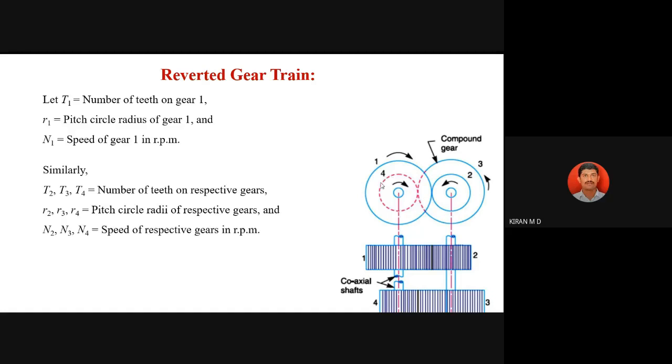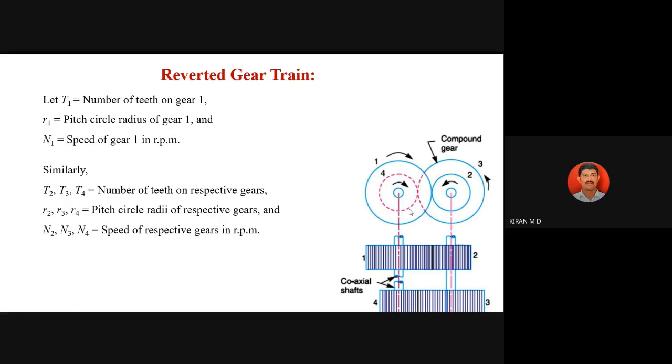See here, these circles are the pitch circles that we have drawn here. The pitch circle of gear 1 is meshed with the pitch circle of gear 2. The pitch circle of gear 3 is in contact with the pitch circle of gear 4. Considering the radii, the radius of gear 1 plus the radius of gear 2 is equal to the radius of gear 3 plus the radius of gear 4. Correct? Yes, sir.